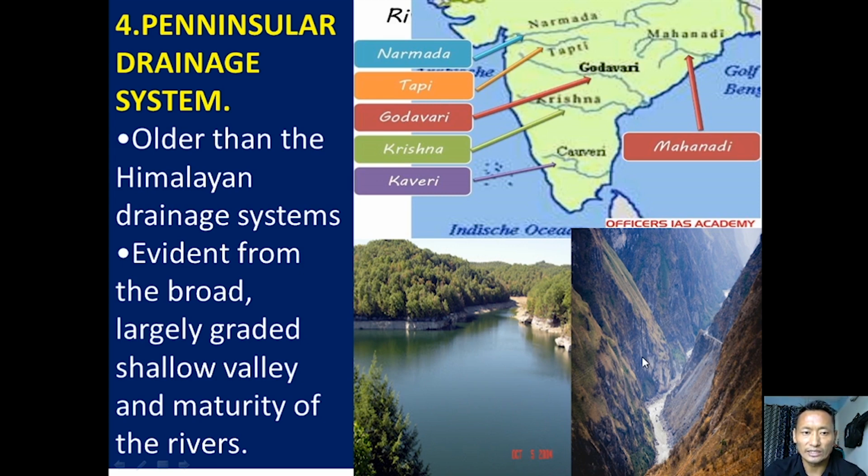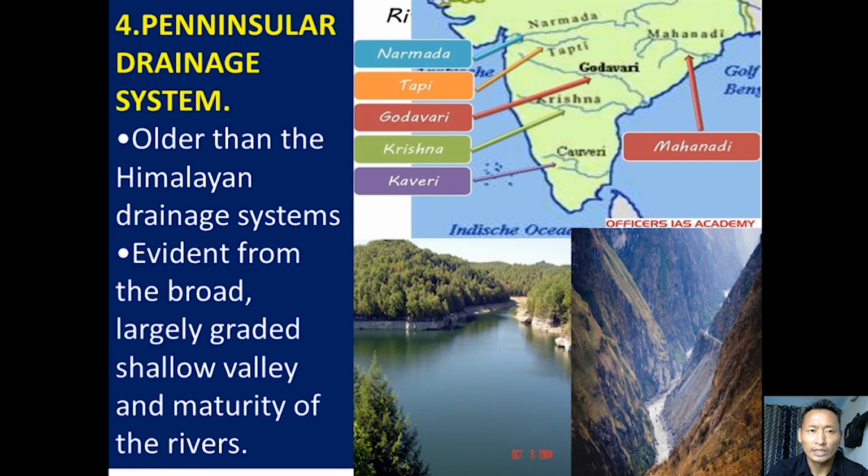That is the second reason we can know that Himalayan river systems are much younger than Peninsular river systems. Another reason is the maturity of rivers. Peninsular river systems are more peaceful as compared to Himalayan river systems. Himalayan rivers flow in a very forceful way and cause lots of erosion. Unlike them, the Peninsular rivers are more matured, flow more peacefully, and cause less erosion.